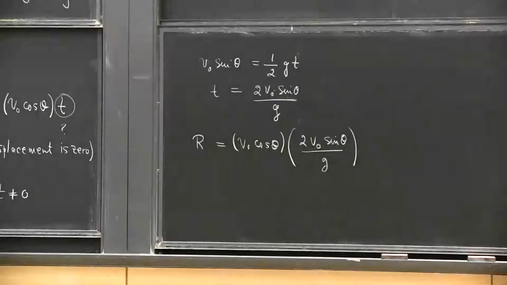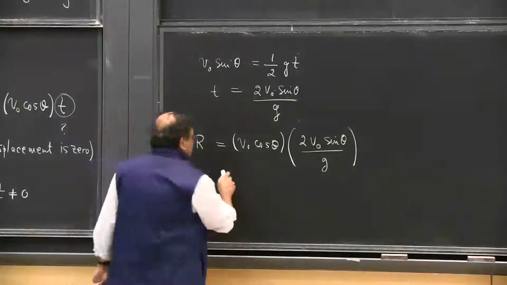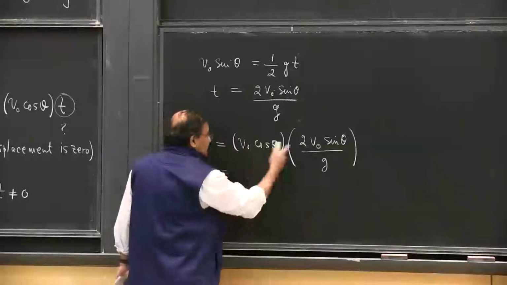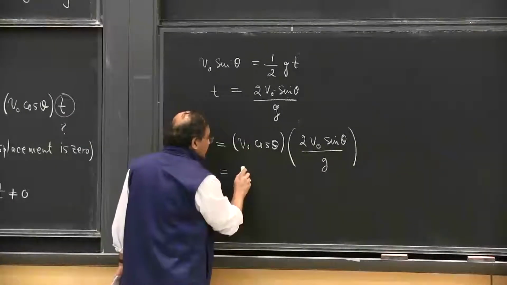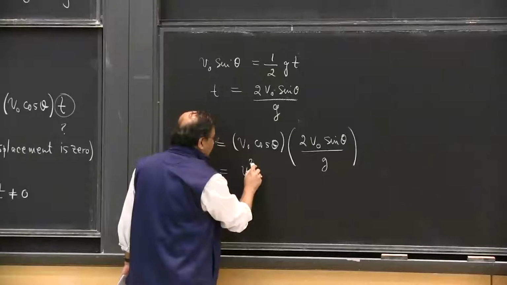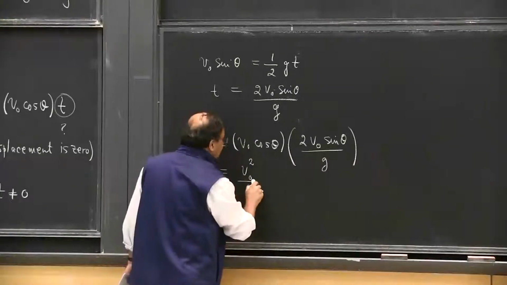Can you simplify it? Do you know any identity that can help us? No? So I can certainly combine the V0s, right? So I can write V0 squared over g.